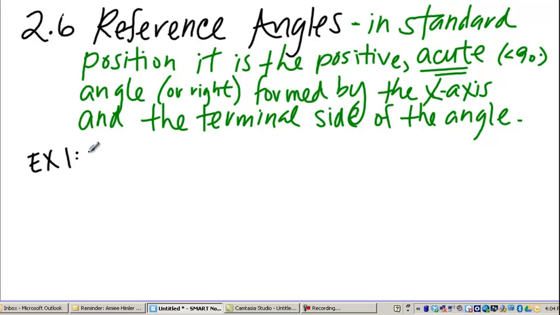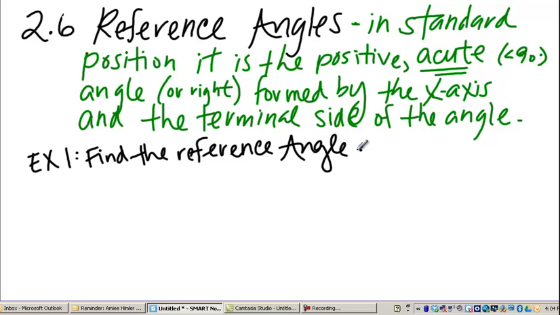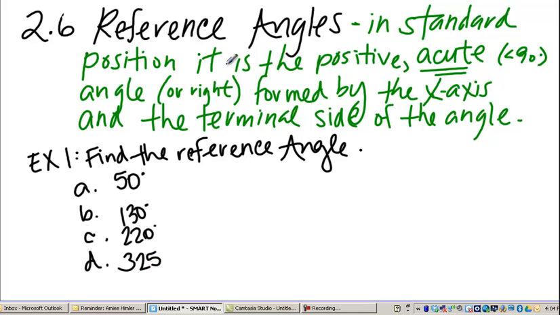So, example 1, find the reference angle. I'm going to give you A, B, and C, and a D. Let's just do a D too. 50 degrees, 130 degrees, 220, and 325.